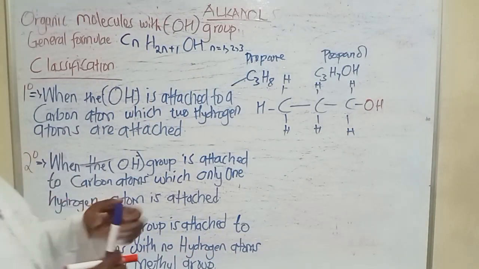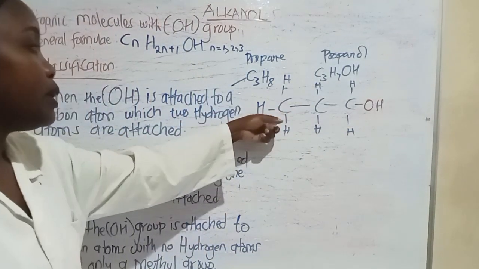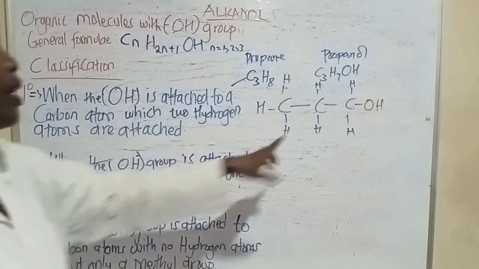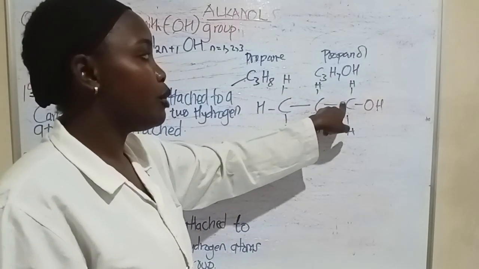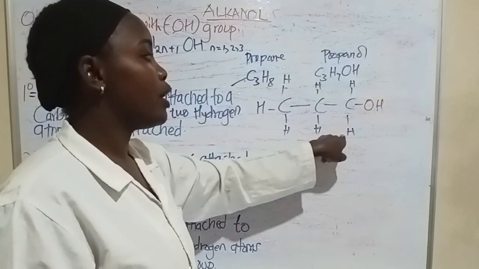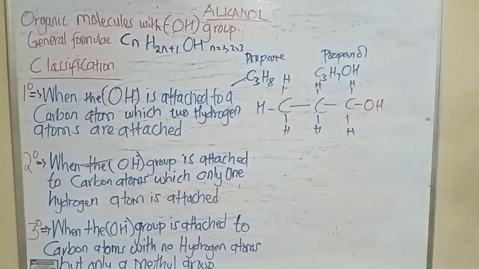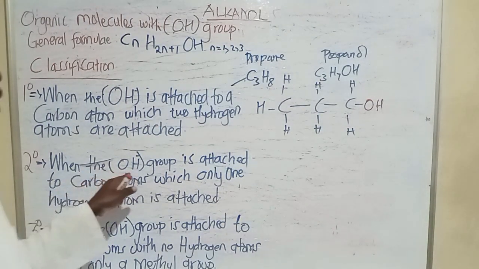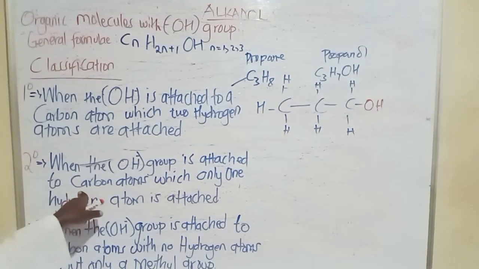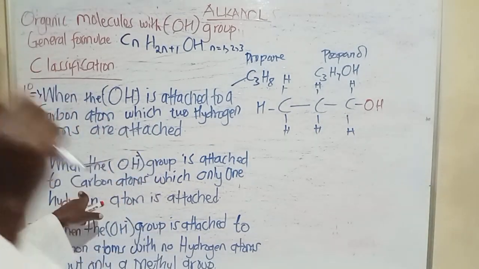So this is a primary alkanol. As you can see, we have the hydroxyl group attached to a carbon atom which is attached to 2 hydrogen atoms. When you talk about secondary alkanols, these are alkanols whose hydroxyl group is attached to a carbon atom with only 1 hydrogen atom.